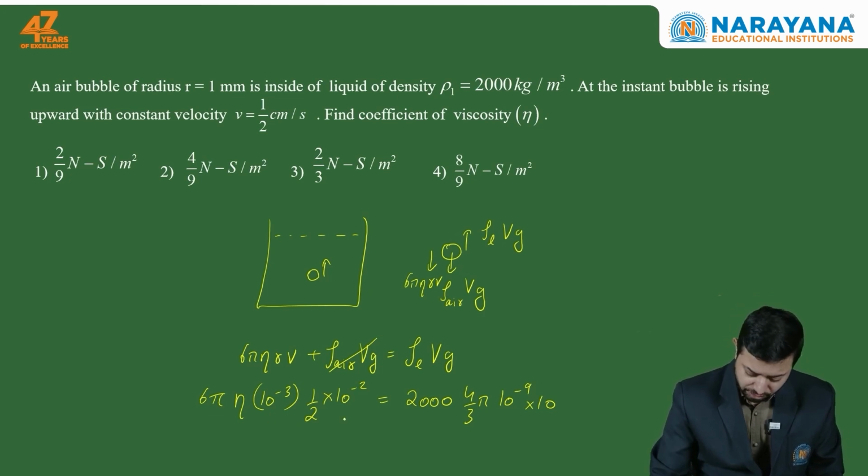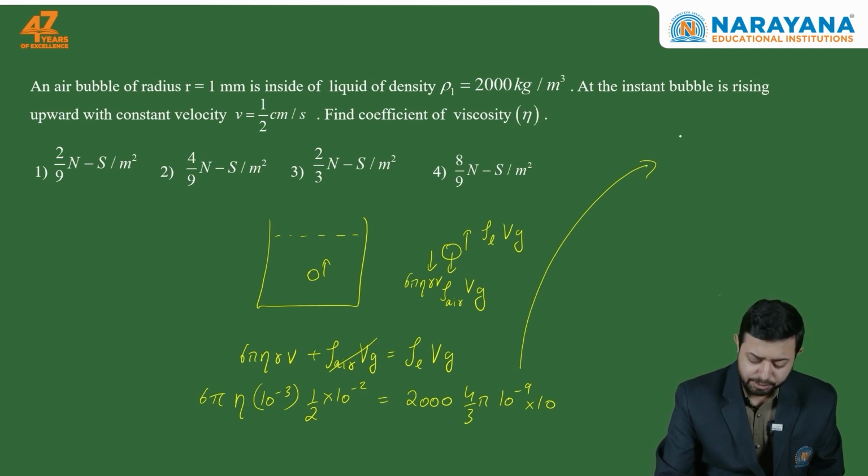Okay, so let's do the calculation part here now. The calculation gives me eta from here. So pi and pi cancel, and then we have here 2, and that's it. So 2 4 8 by 3 on the right side, and the power of 10 is 3 minus 9 and 4, so 10 to the power minus 5.